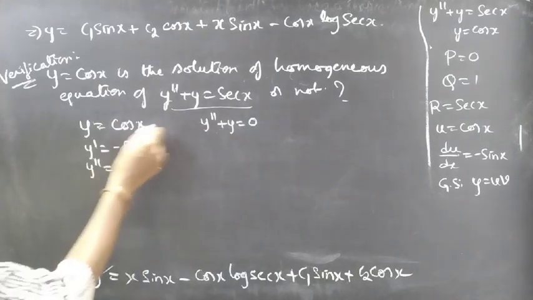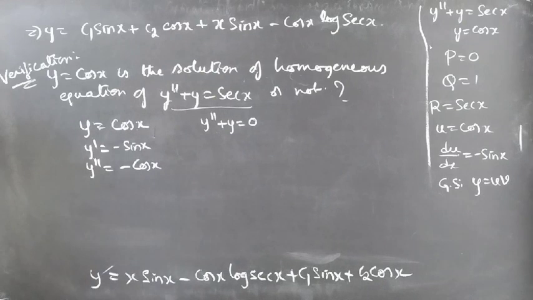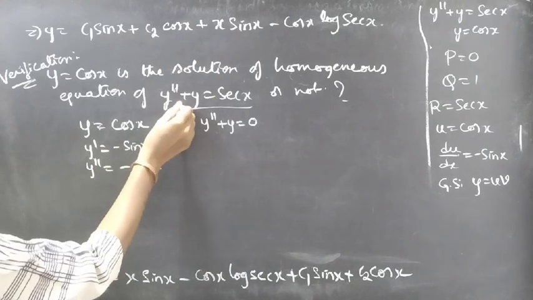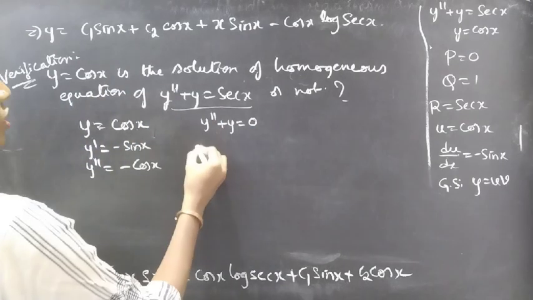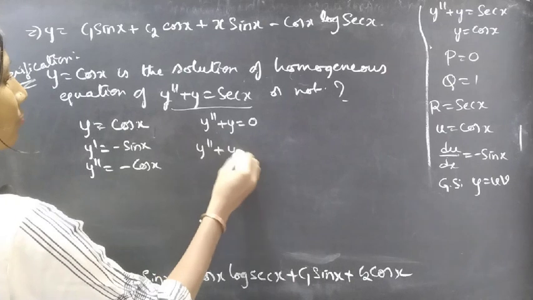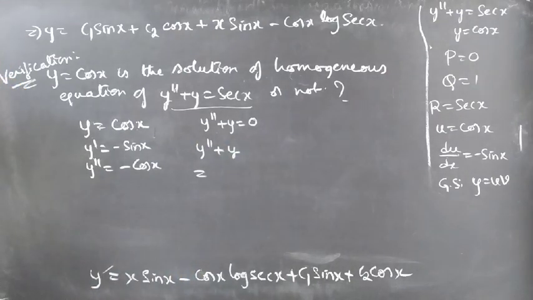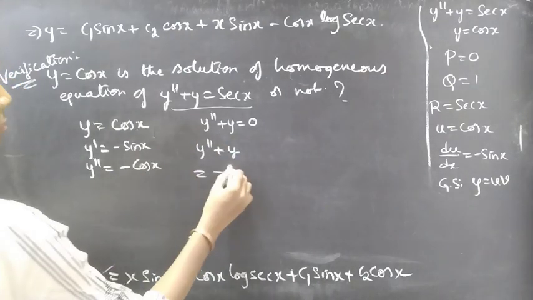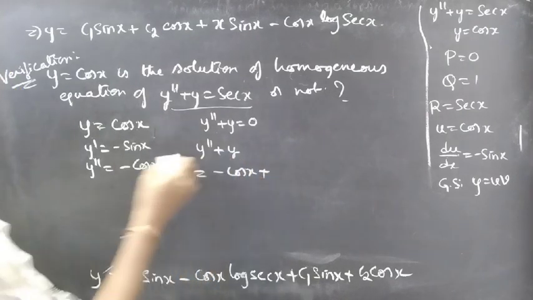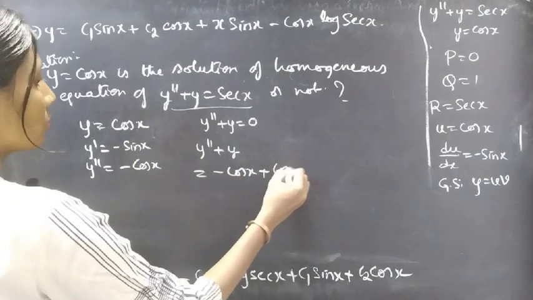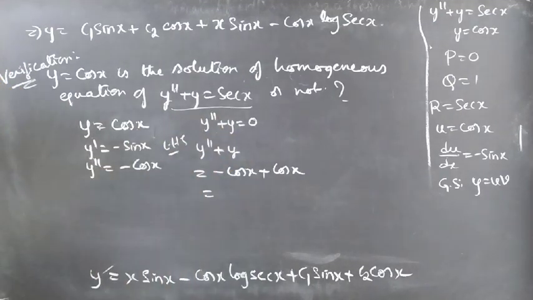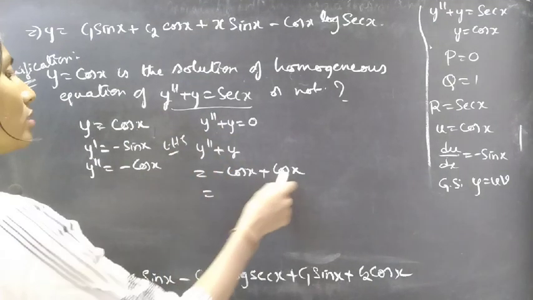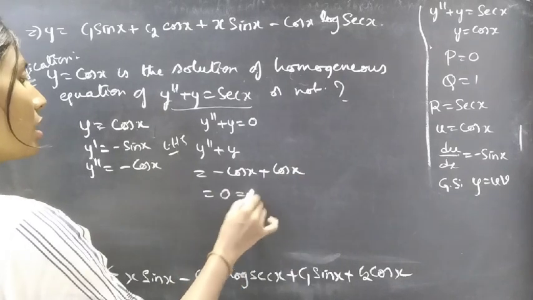If y equals cos x is a solution of this equation, then we can say that y equal to cos x is a part of the complementary function of this equation also. Now consider the LHS part, y double dash plus y. Now substitute y double dash and y. We have y double dash as minus cos x and y is cos x, right? We took the LHS part of the homogeneous equation. So now minus cos x plus cos x is 0, which is the RHS part.